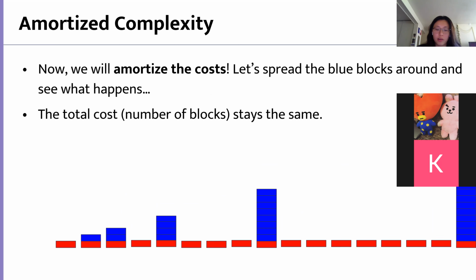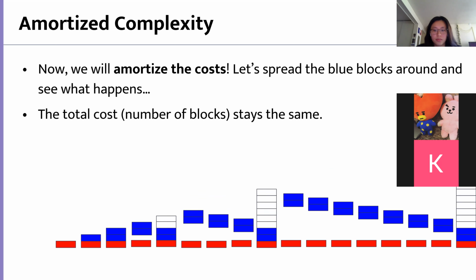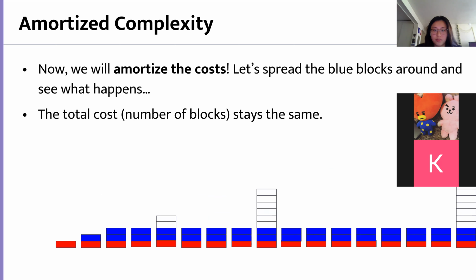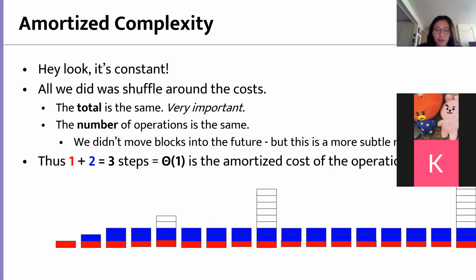And now we're going to amortize the cost. Basically, we're going to spread the blue box around to see what happens, similarly to the rent situation, where we wanted to divide it by every single day of the month. Now if we look at this, every single push we do will take 3 things.